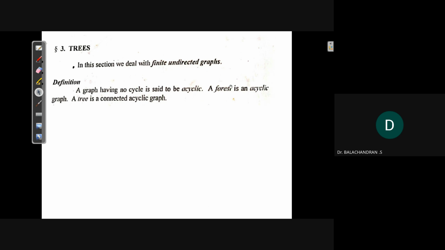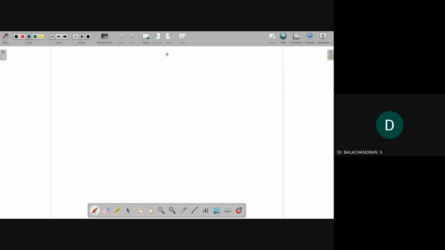Similarly, the next definition is a forest. A forest is an acyclic graph. Next definition, a tree. A tree is a connected acyclic graph.